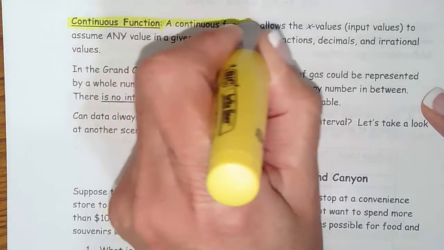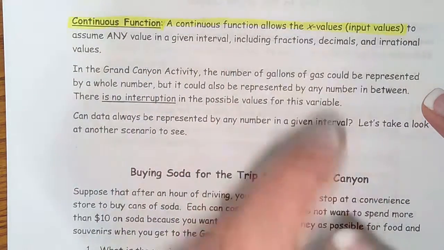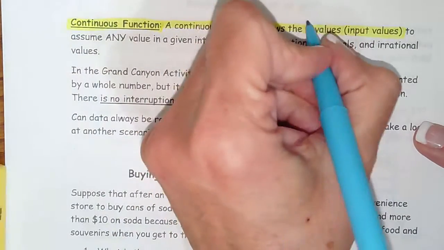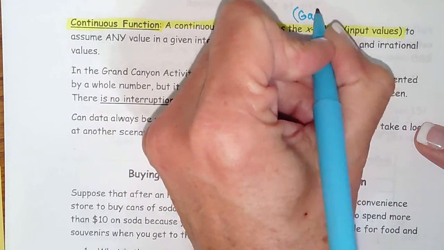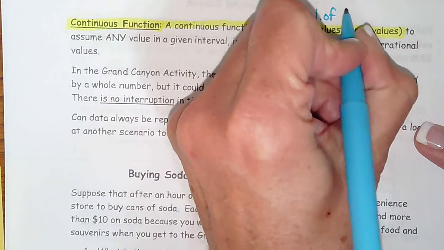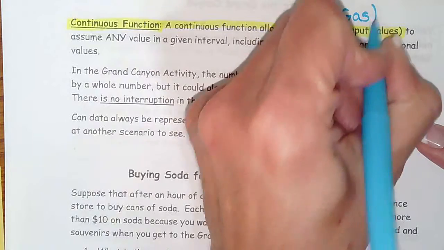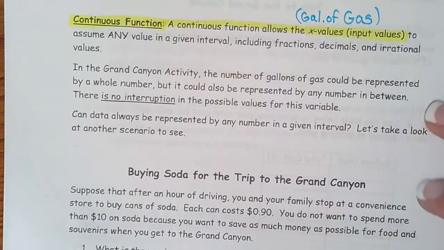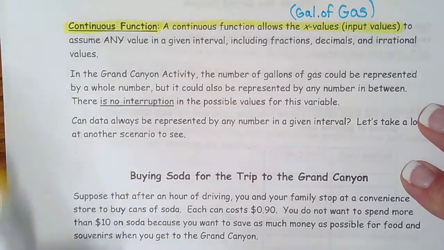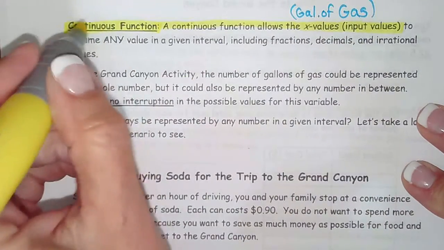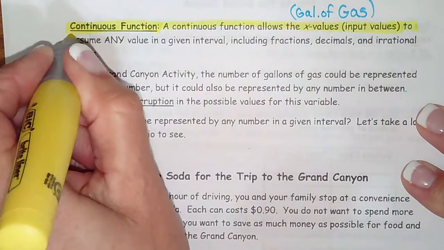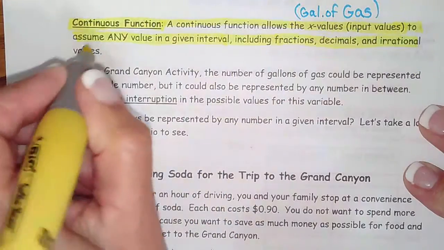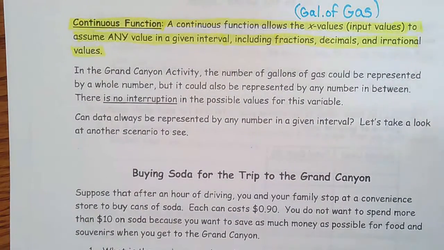So a continuous function allows the x values, in our case it was gallons of gas, to assume any value. That means they aren't just whole numbers. So to assume any value in a given interval, including fractions, decimals, and irrational values.